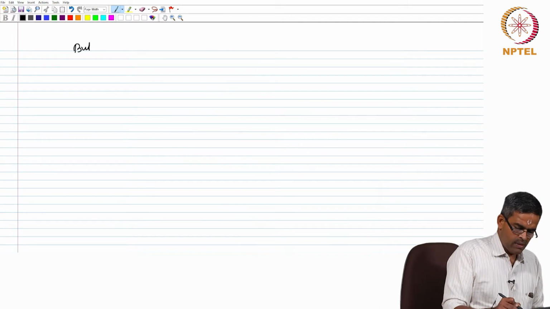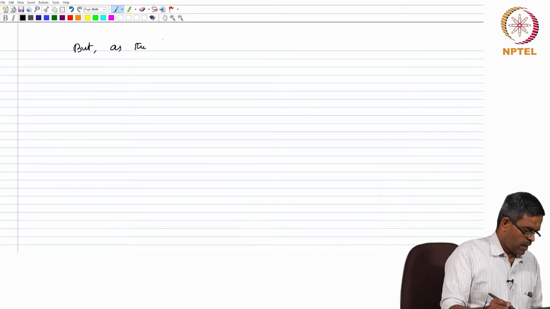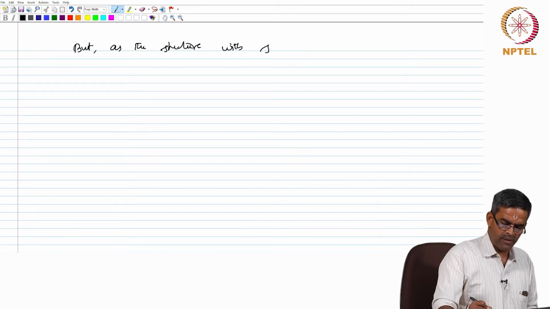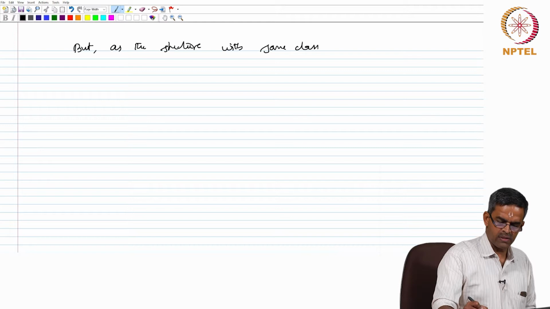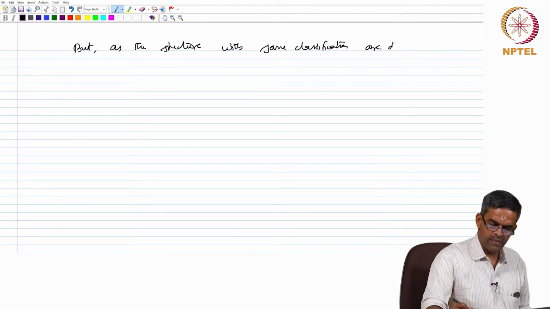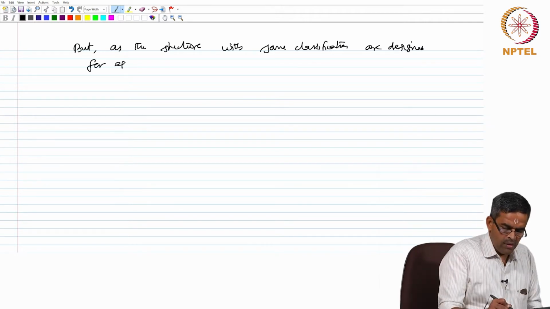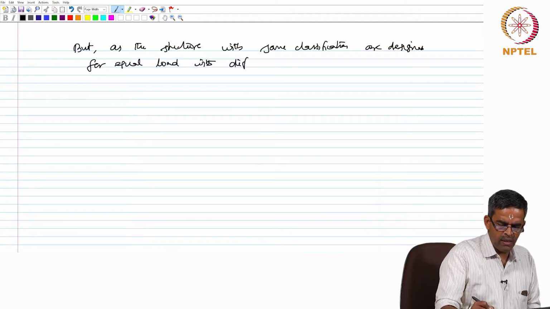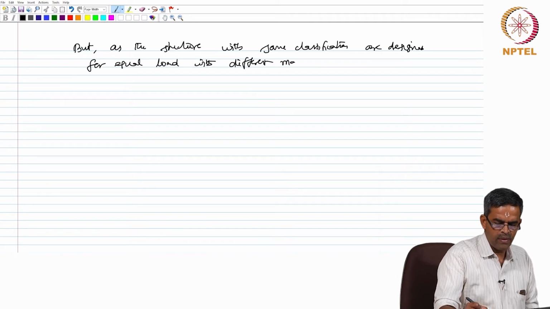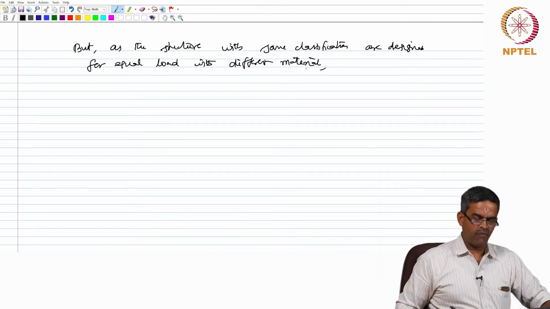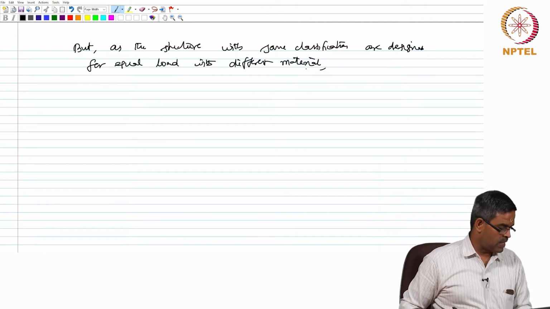But as the structures within the same classifications are designed for equal loads with different material, there needs to be a modification to the estimate of probability of failure, as we discussed in the previous slide.